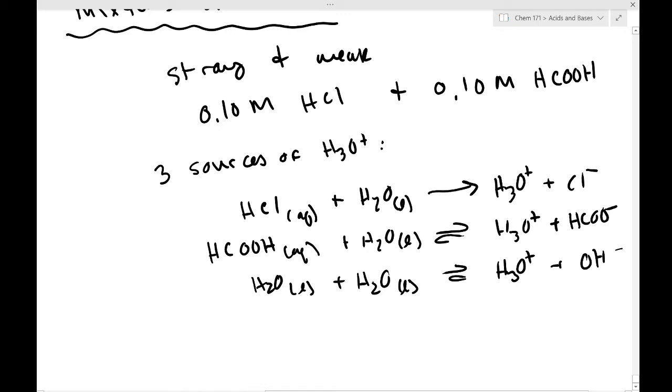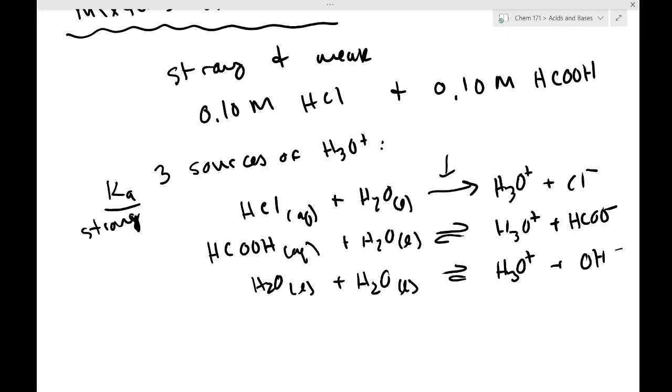Okay, the Ka for these 3. In this case, this is a strong acid, so the Ka is actually undefined. We just assume that this is a complete dissociation, which means that this is not an equilibrium expression. Therefore, the Ka is undefined.